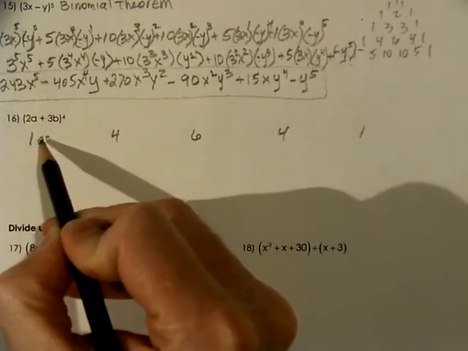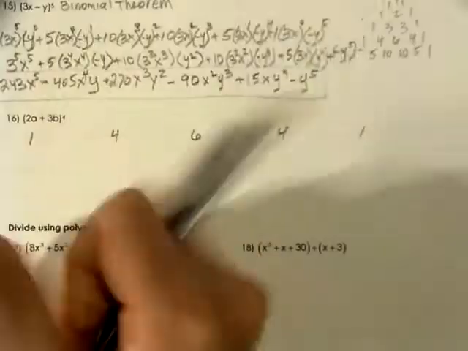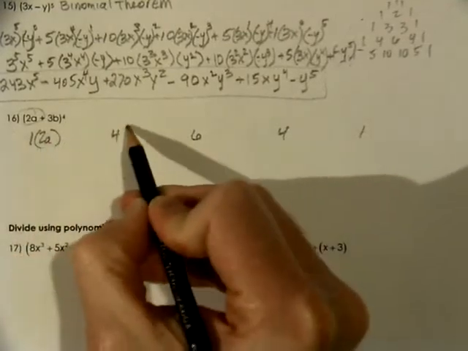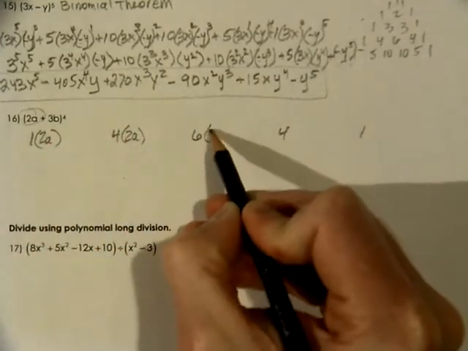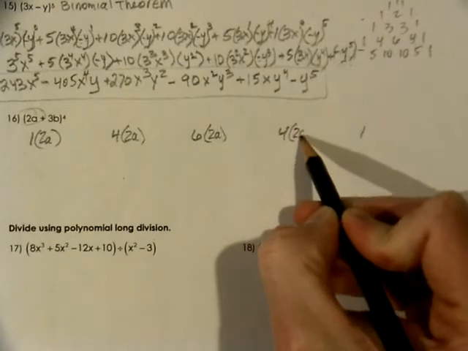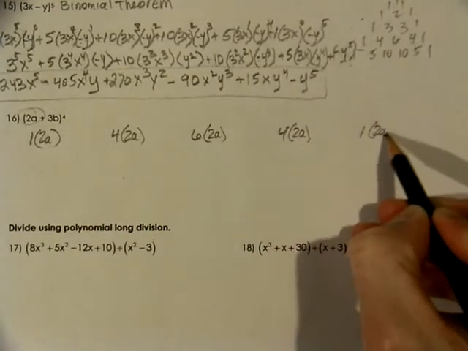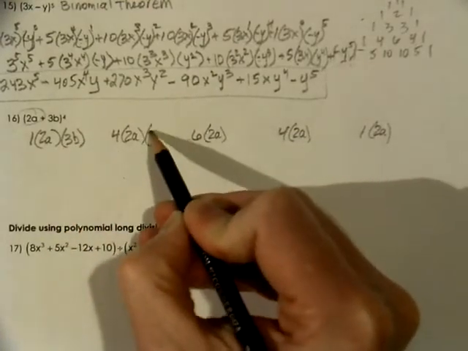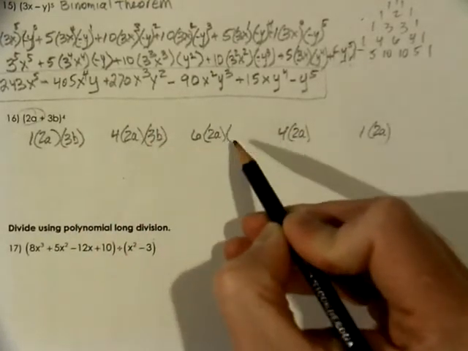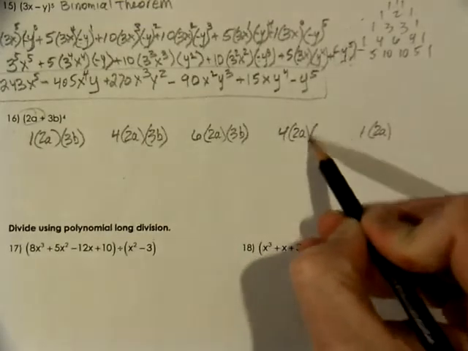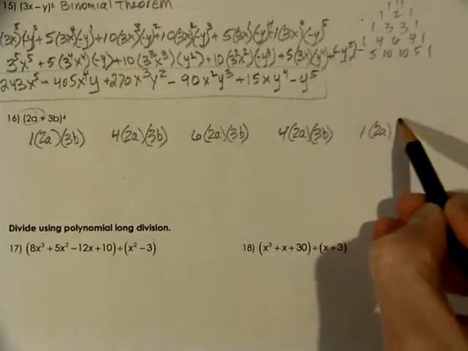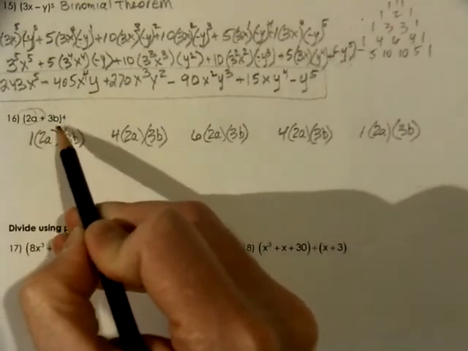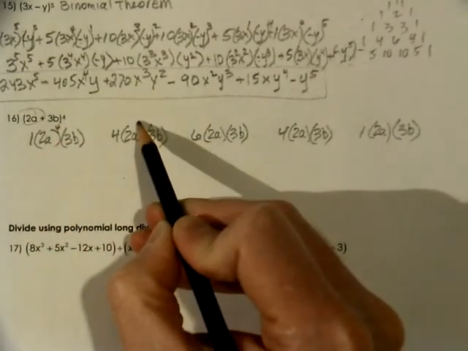Then you put down your a term. Your a term is the first term. Your b term, because it's a 4, we're going to put a 4 on all of the a's.